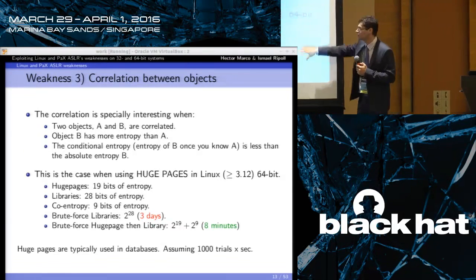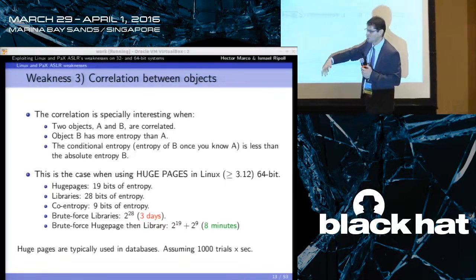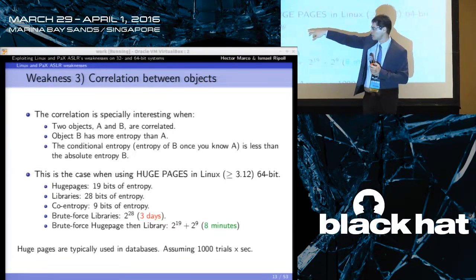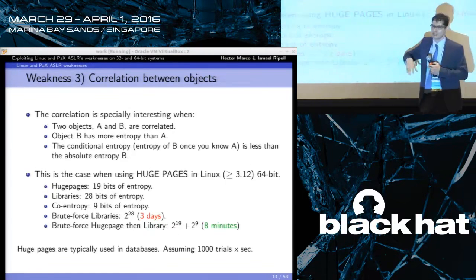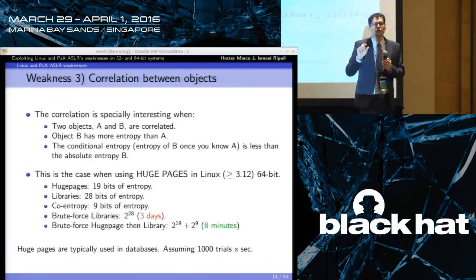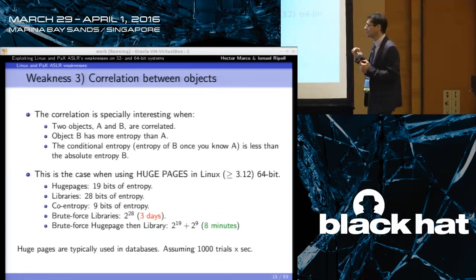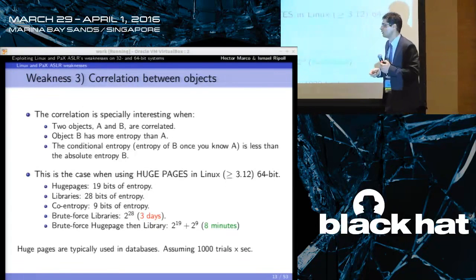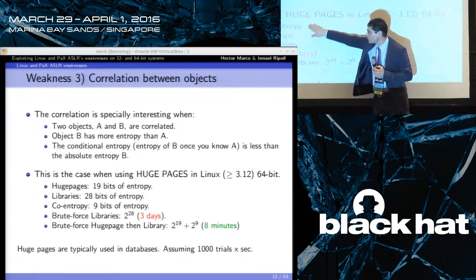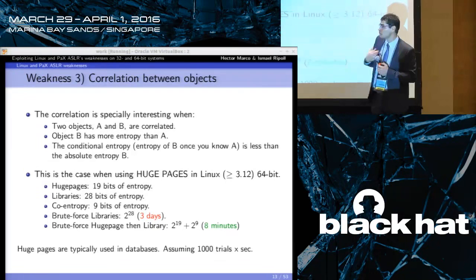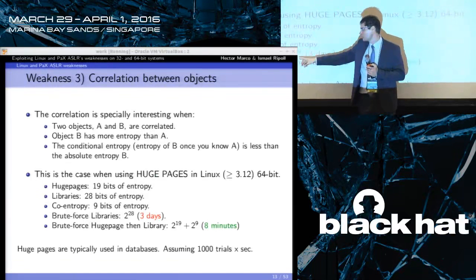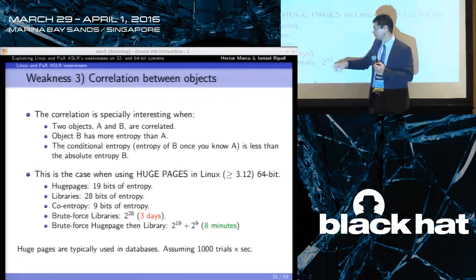Let's put some numbers, because I'm going to skip this a little bit. In Linux, queue pages are randomized with this amount of entropy, 19 bits. Libraries use 28 bits. We are not going to enter into it because it's alignment. Queue pages have more aligned bits because pages are larger. The entropy between those kinds of objects is 9 bits. So if I try to guess the libraries, assuming that we have a vector to do that, we have to make an effort of 2 to the power of 28, which is 3 days.